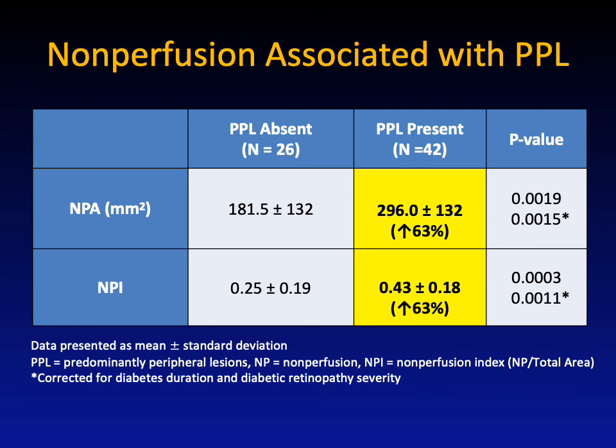And as shown by these results from a study conducted at the same institute, eyes with PPL had approximately a 63% increase in the total non-perfusion area compared to eyes without these predominantly peripheral lesions.